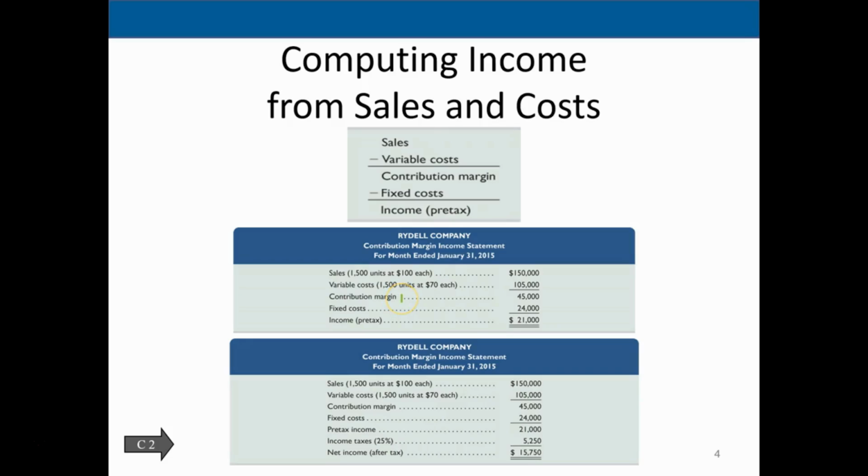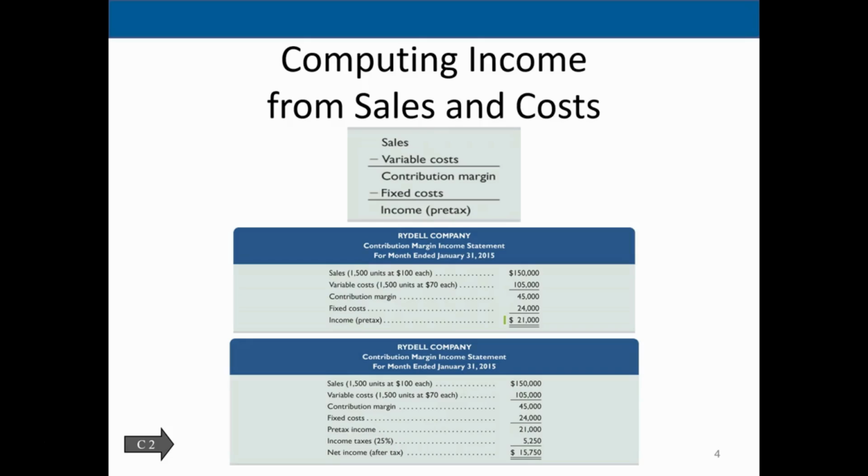So if we sold 1,500 units, it's going to go up at $70 each, or $105,000. Therefore, our contribution margin is the sales price minus the variable costs, or $45,000. Then, if we subtract out the fixed costs, which stay the same at any level, at $24,000, that would give us our income of $21,000.